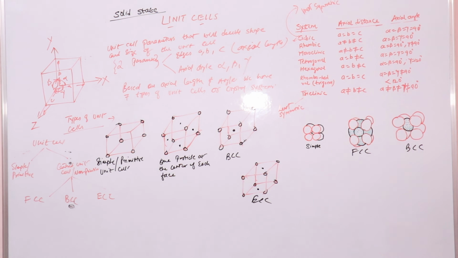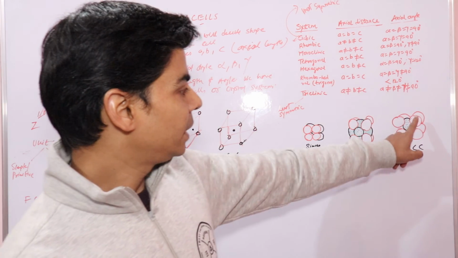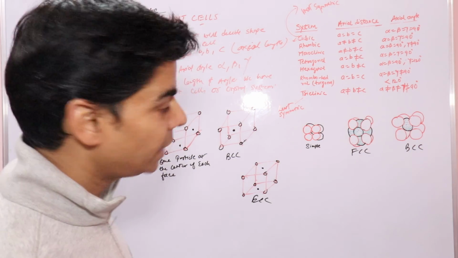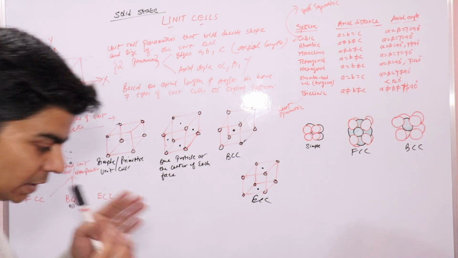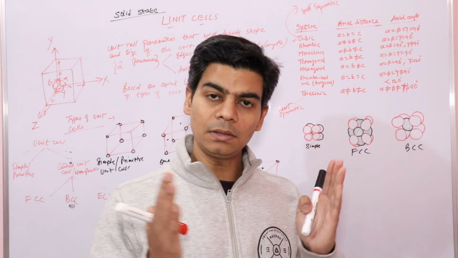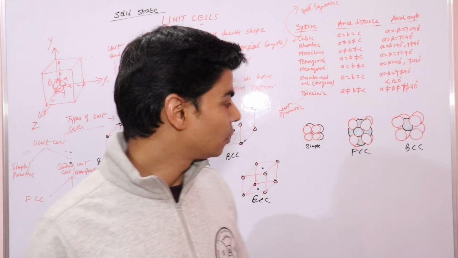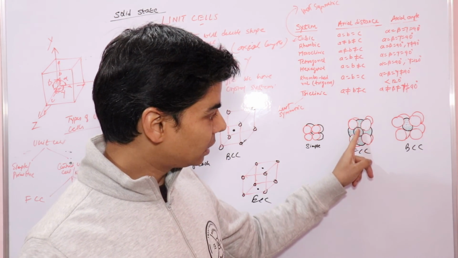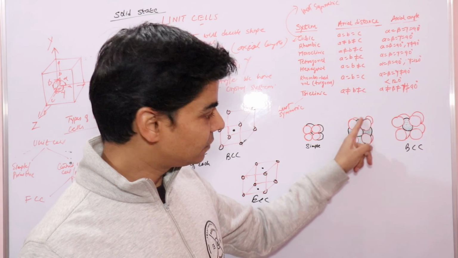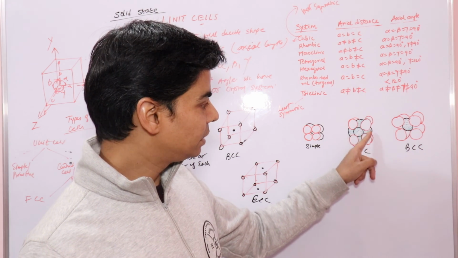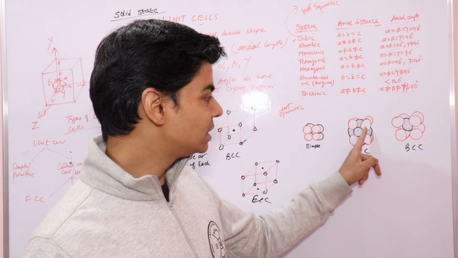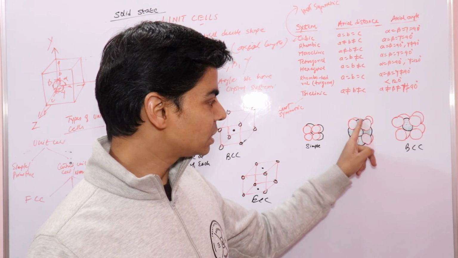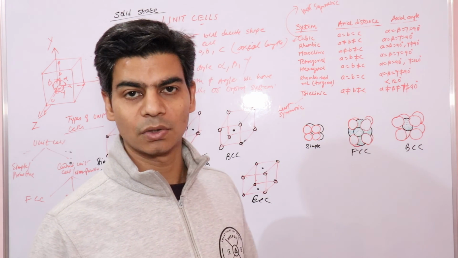And here the sphere at the corner touches the center sphere, right? So these touching spheres are the closest neighbors of any sphere. So the coordination number for this sphere is 3, touching 3 spheres. These 3 spheres are the closest neighbors of this sphere at the corner.